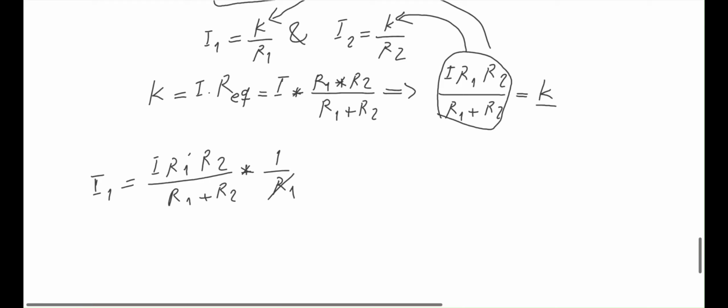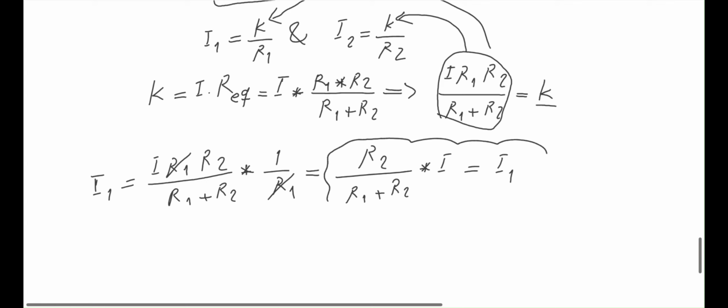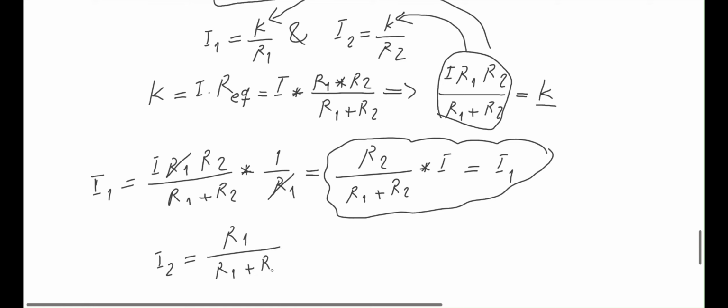So if we cross out R1 from numerator and denominator, that becomes R2 over R1 plus R2 times I. That is I1. And with the same method, we can see that I2 equals R1 over R1 plus R2 times I.